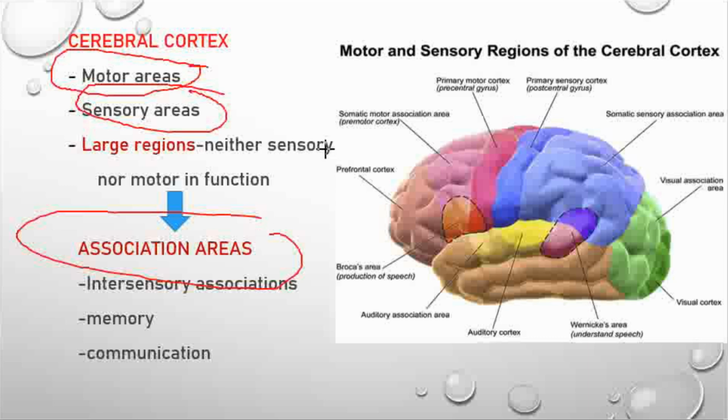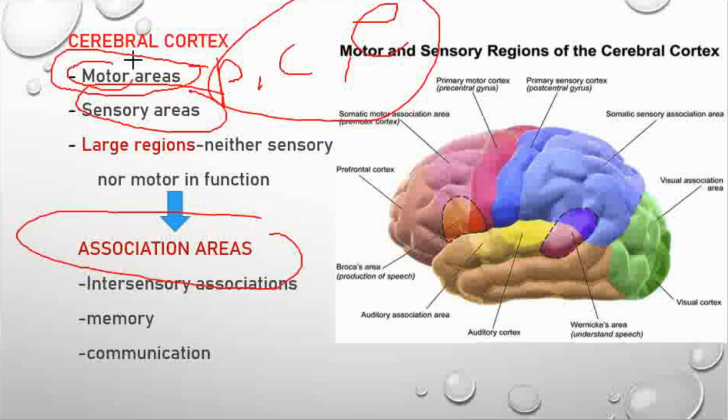It is mainly for the planning, control and execution of voluntary movement. That is why this motor area is there. Motor means movement, so it is for movement.